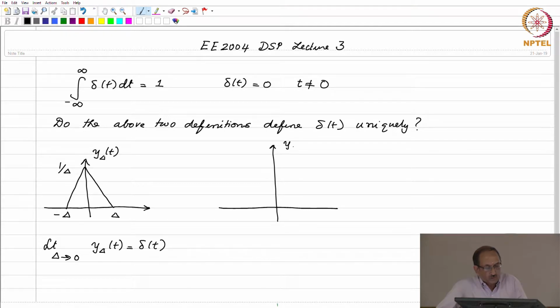So let us look at y cap delta dash of t. This of course has this form, which is easy to see. And the height of course is the slope, and the slope is 1 over delta square, the difference in y coordinates by the difference in x coordinates.